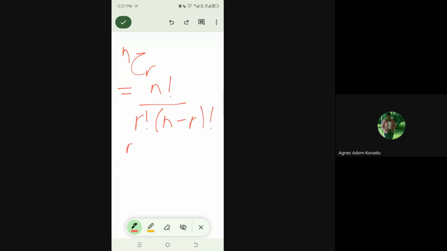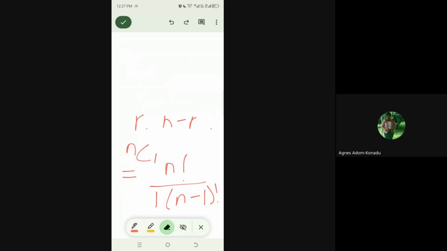So for n combination 1, r is 1, and the numerator we can write as n times (n minus 1) factorial, all over 1 factorial, which is 1, times (n minus 1) factorial.